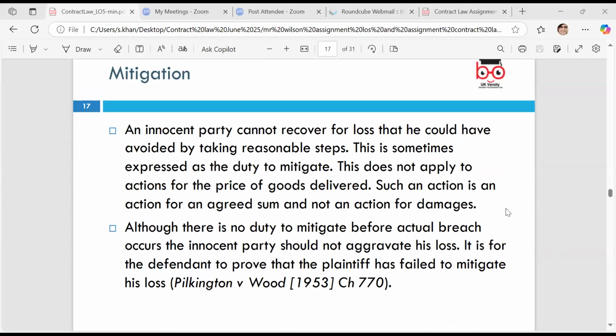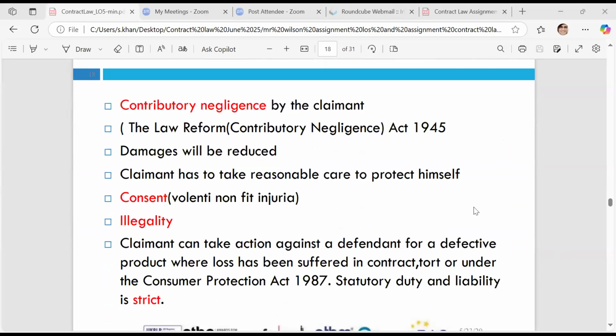So defenses in negligence, which is the next slide, are contributory negligence by the claimant, consent, illegality. So in negligence, the defendant can raise several defenses to avoid or reduce liability.